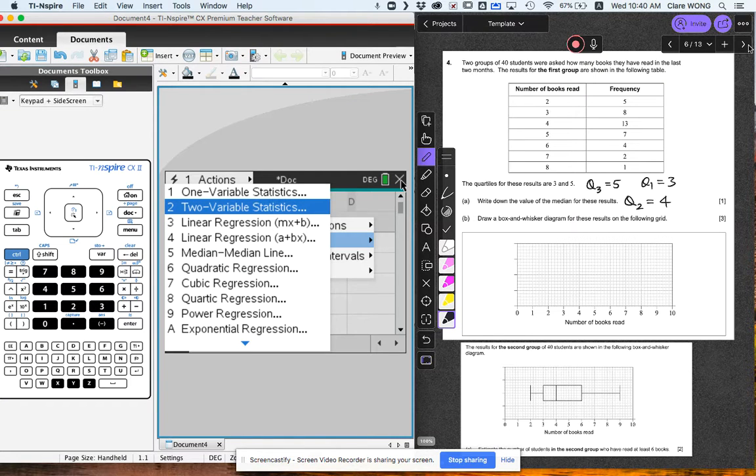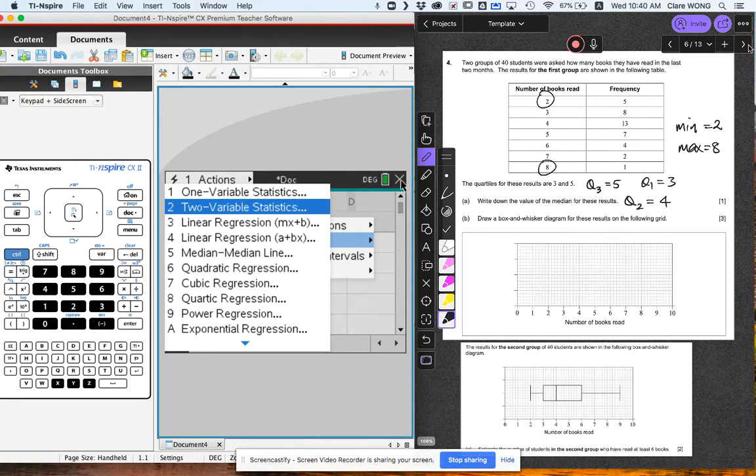B. Draw a box and whiskers diagram for these results on the following grid. So you have your Q1, Q2, Q3. Now you need your minimum, which is a 2, and your maximum is 8. Right, so make sure you use a ruler.